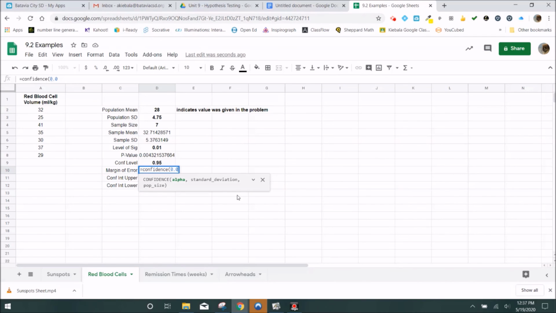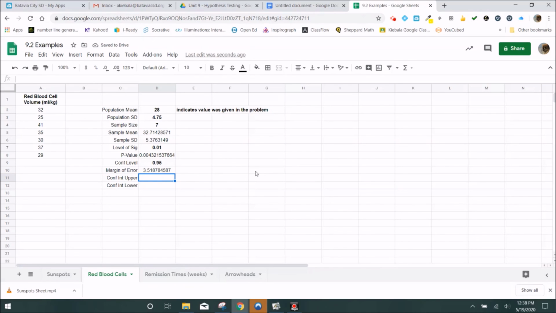So 0.05 if we want 95% confidence level. Standard deviation, we're going to use a population standard deviation. And then the population size would be the sample size in this case, so 7. And it gives us a margin of error 3.5, let's say.